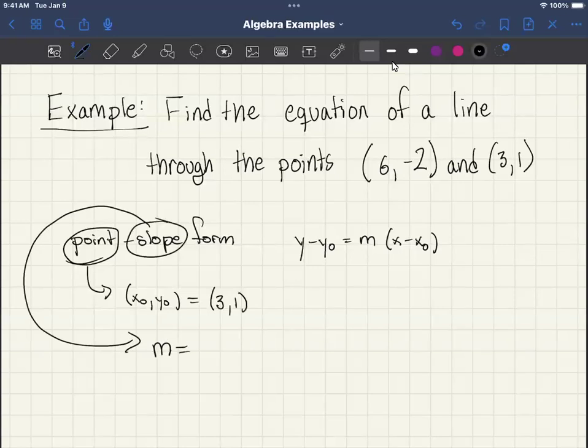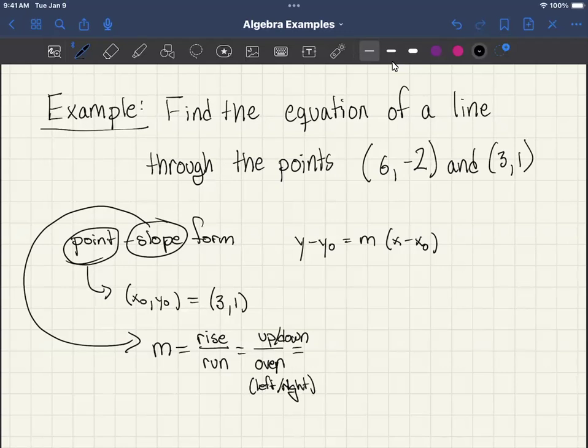Slope is usually denoted by the letter m. This is known as the rise over the run. In other words, how far up or down you go over how much you go over, left or right.